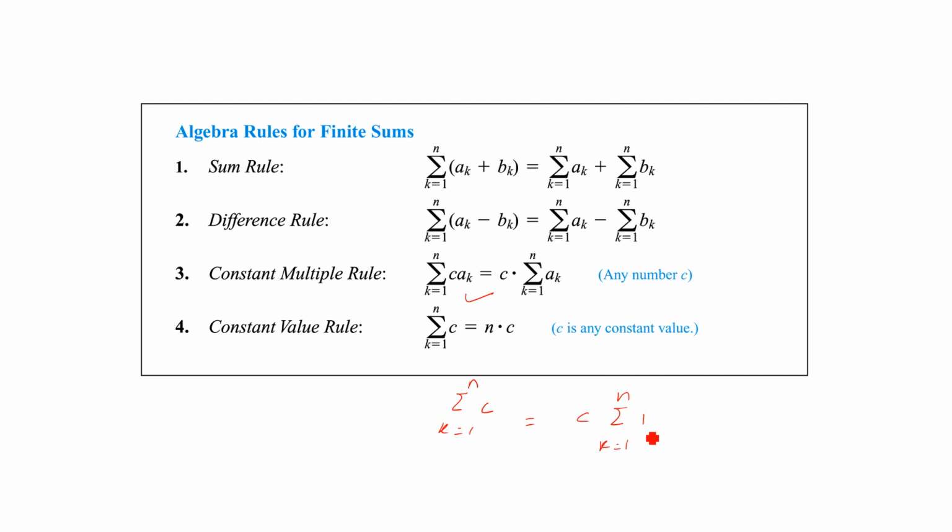So it means we have to add 1 n times, right? So this is equal to c times (1 plus 1 plus 1 ...). How many times? n times. So adding 1 n times yields n. So this is equal to cn. That is why this is equal to n into c. Okay.